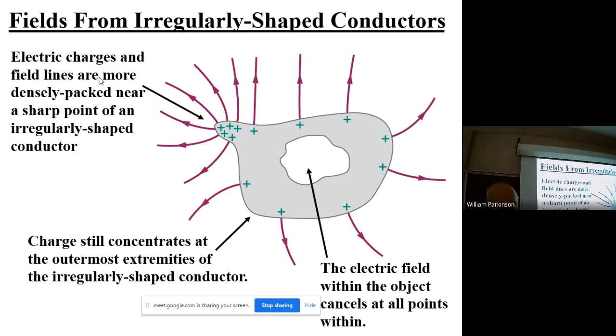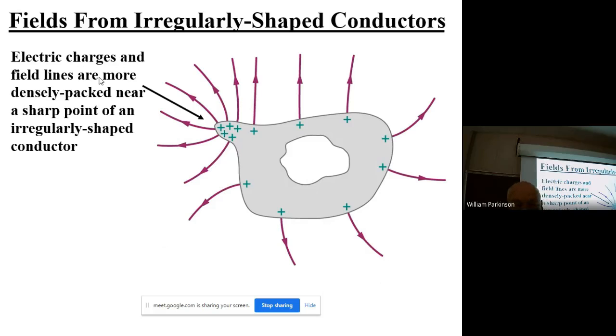So anytime you get a little nook and cranny, you're going to have a region where a large amount of charge can gather, and you have a strong emanating field from that. Anytime you get a smoother, flatter spot, there will be fewer charges gathering around that. And so the charge is not evenly distributed across the surface.